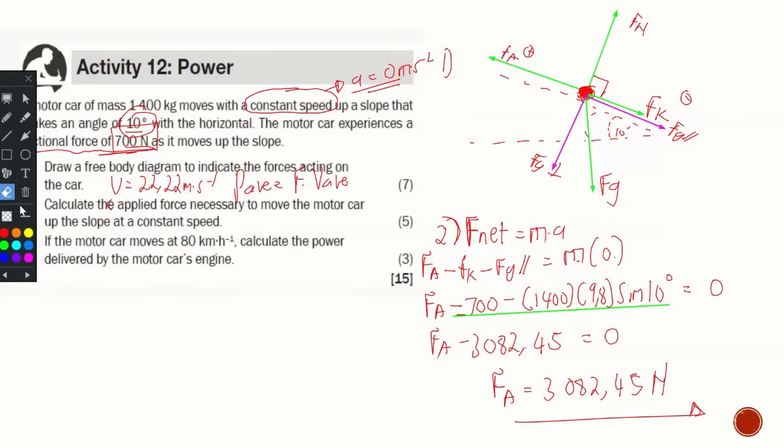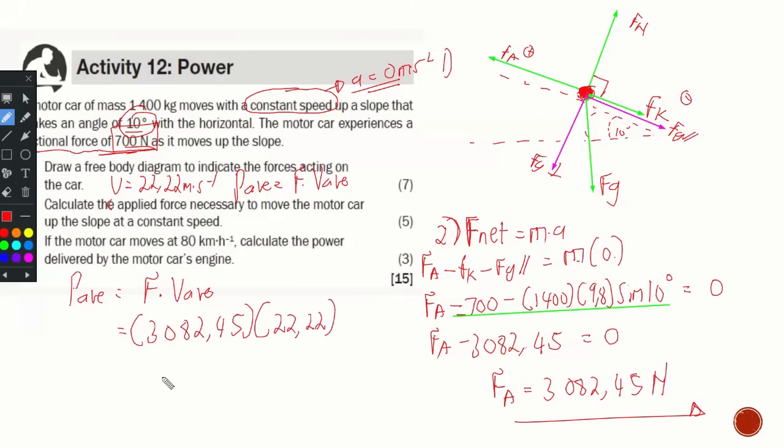Now to calculate, we will have to say P average is equals to F multiplied by V average. And then our F is what? Force applied, 3,082.45. And then multiply that by the average velocity, which we did calculate to be 22.22. Then it's just a matter of multiplying those two, right? So 22.22 multiplied by 3,082.45.